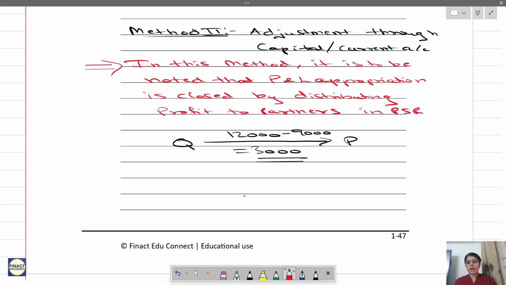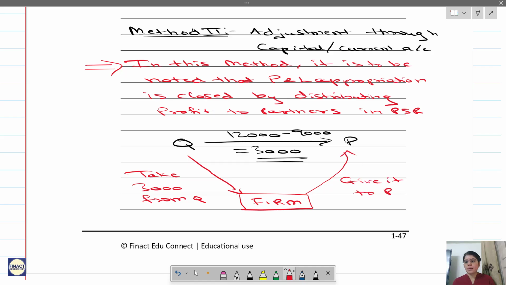Now here is the firm, and I am a mediator. So I will take 3,000 from Q and then give it to P. As a firm I am taking 3,000 from Q and giving it to P. But I won't be taking the actual cash from Q and giving cash to P. I will directly adjust it through the capital account.